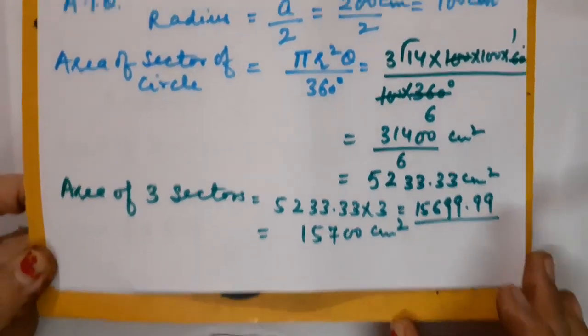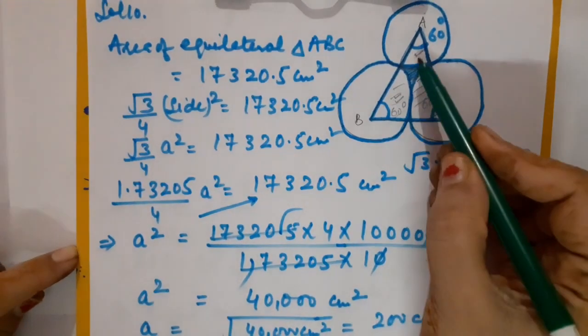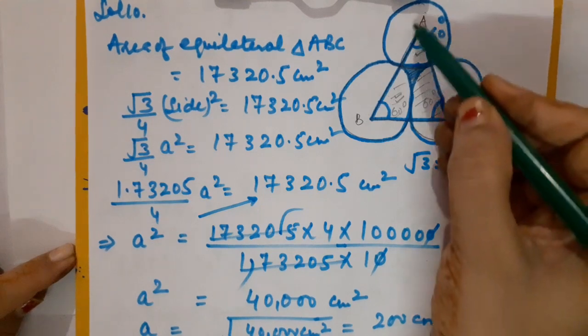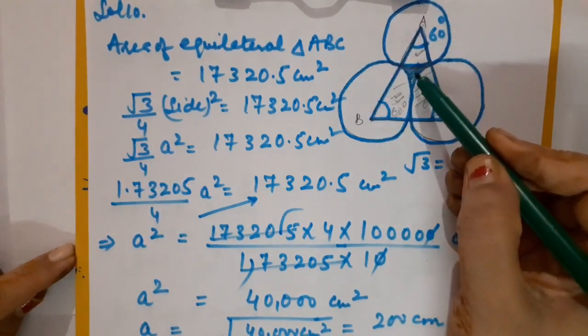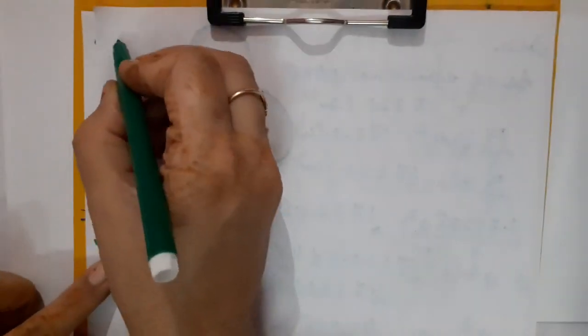Correct? Now children, just have a look in the diagram. If I subtract the area of these 3 sectors from the area of the equilateral triangle, I can come to know the area of the shaded region. So children, this is the last step of this question.